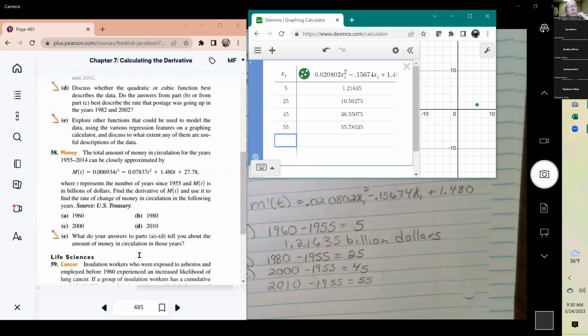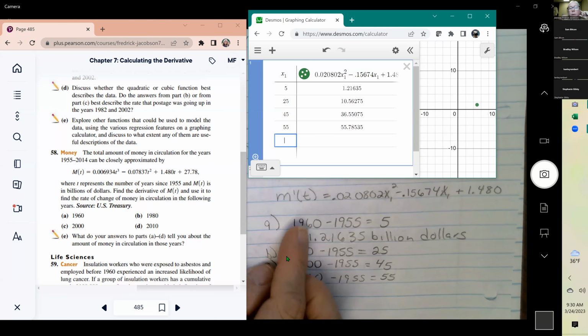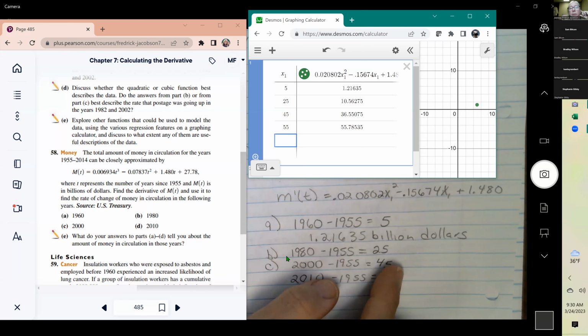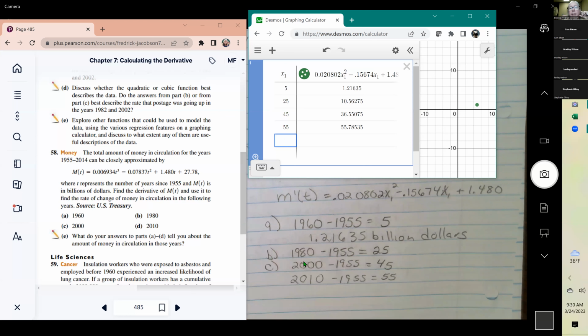What do your answers in part A through D tell you about the amount of money in circulation in those years? So what was it, 1960? In 1961, it went up by $1.2 billion. This one was 1980. So in 1981, it still increased by $10.5 billion.